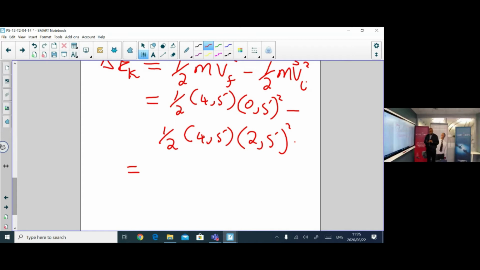That is half multiplied by 4.5 multiplied by 0.5 squared, which is 0.5625, minus half multiplied by 4.5 multiplied by 2.5 squared.